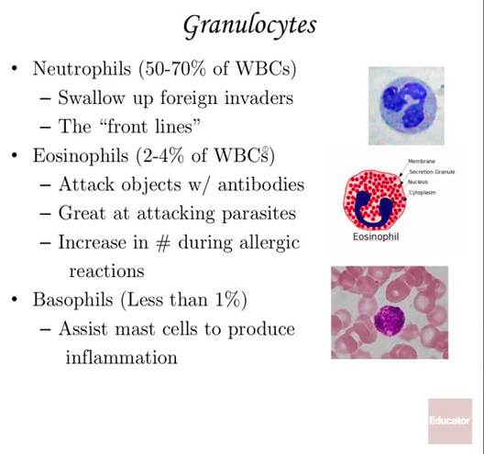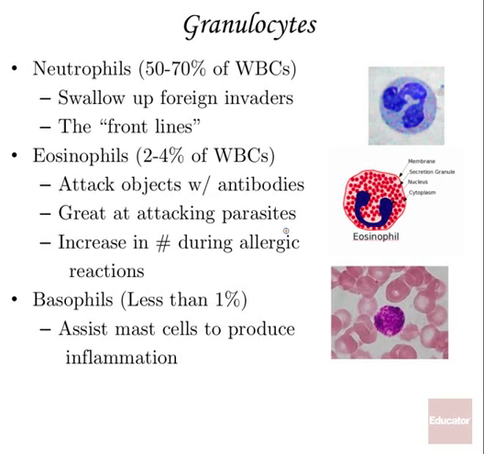Eosinophils are a lot less common, 2 to 4% of white blood cells. They attack objects with antibodies. So if antibodies, these globular proteins, have been attached to a certain bacterium, eosinophils notice it has antibodies on it like a marker, and they go and eat it up. They're great at attacking parasites.